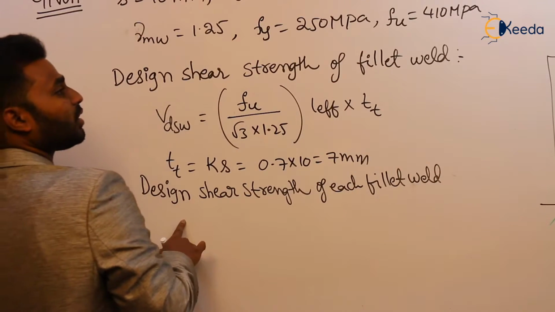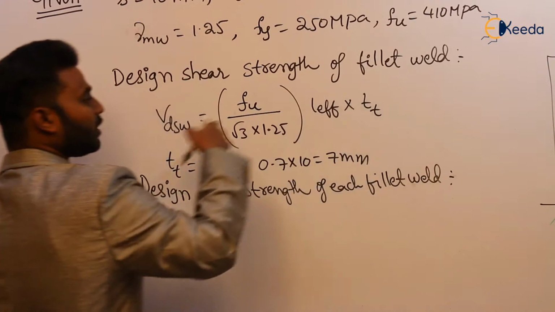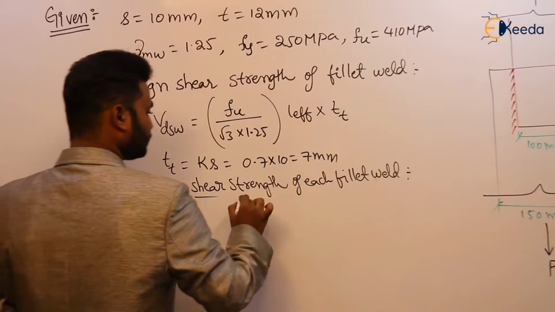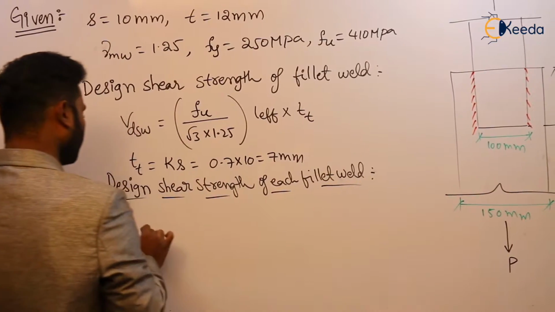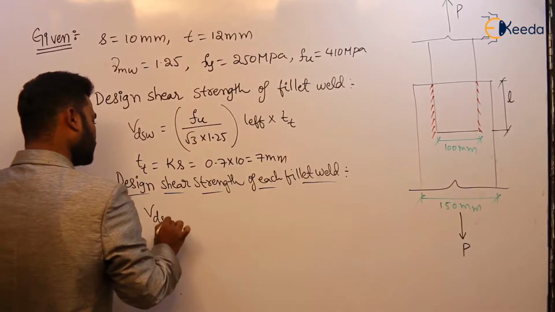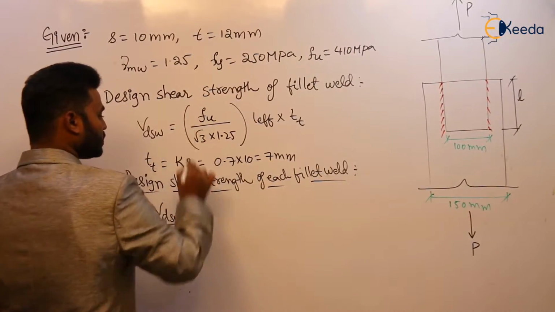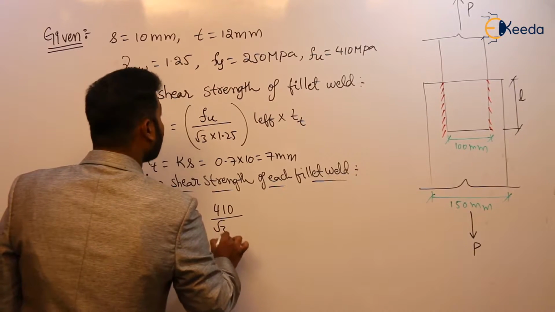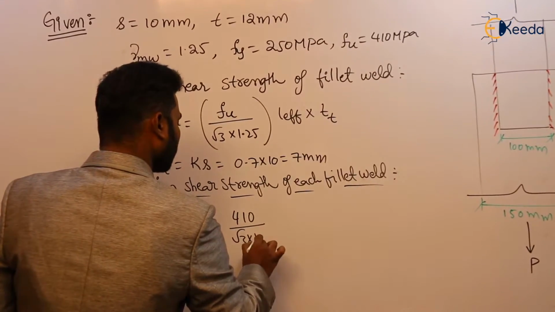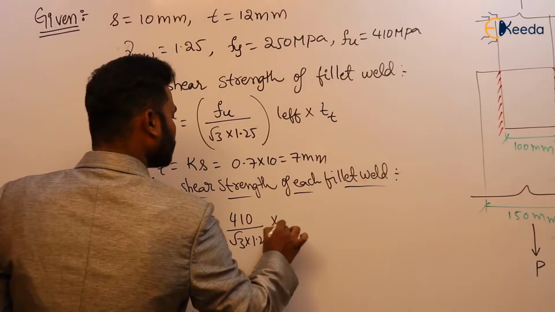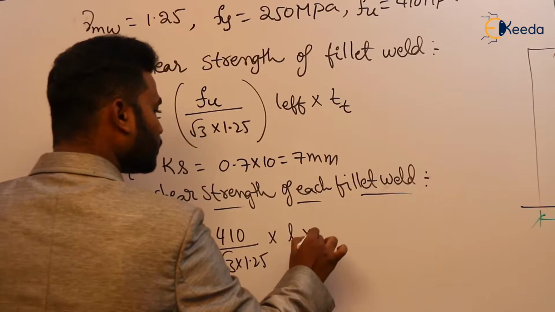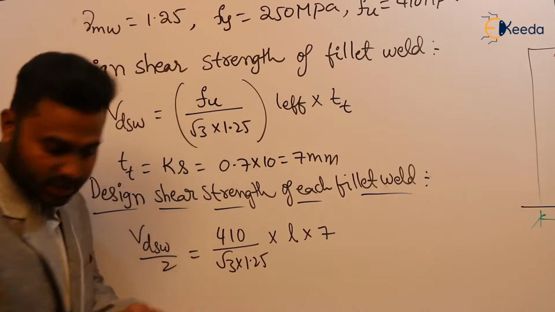But design shear strength of each weld, this formula we have to divide by 2. So VSW by 2. Substitute these values and tell me the value. So 410 by root 3 into 1.25 into L, this time we have to take L, not L effective 2, into TT, which is 7. Simplify it.